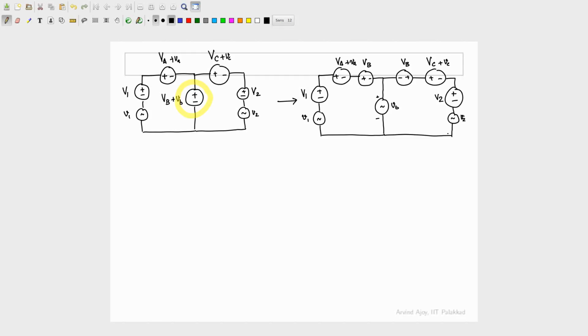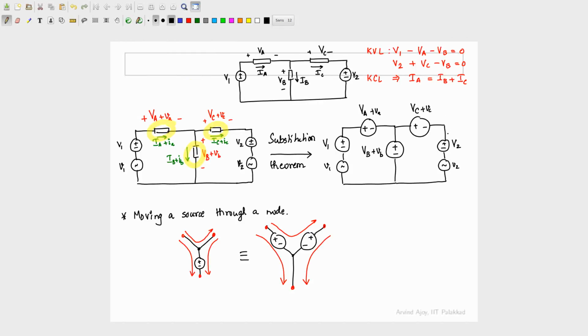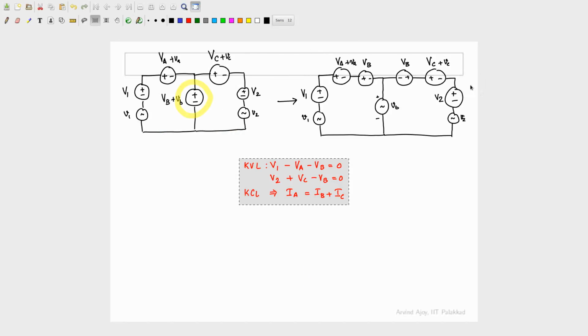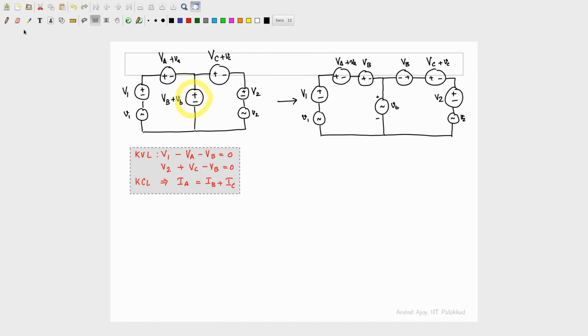And here too, how will this look? This will be capital VB, and then I have plus minus VC, small VC. Why do you think I did this? You note that from Kirchhoff's laws I have these here.